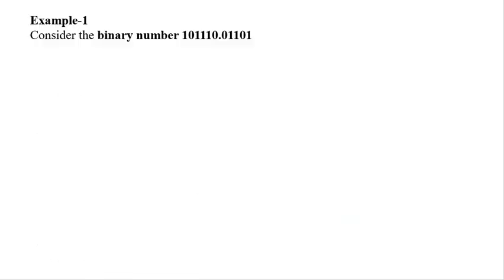So let us take an example of a binary number and convert it into its octal equivalent. First, write down the given number as it is. In this case, the given number is 10111.01101.